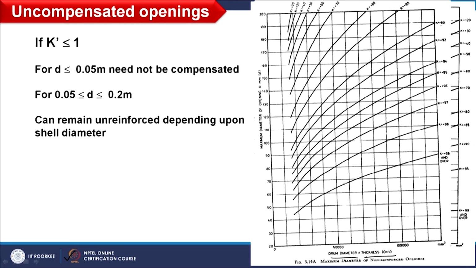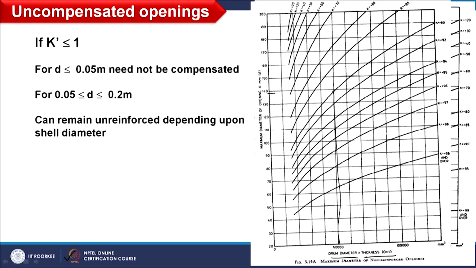So, for example, if I have a K value of 0.8 and let us say drum diameter into thickness is 50,000, we can consider this over here, and here we can see that this value comes around 138.